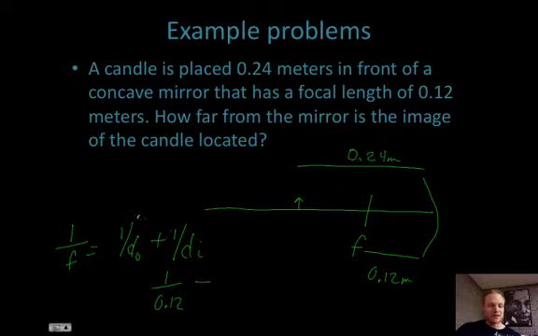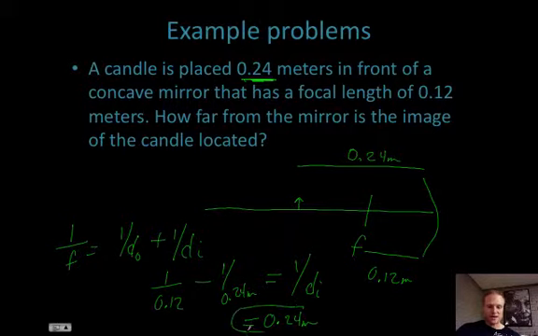So now it's minus 1 over 0.24 meters, and that equals 1 over di. If you do that math, you get an answer of 0.24 meters. So the image distance is 0.24 meters.